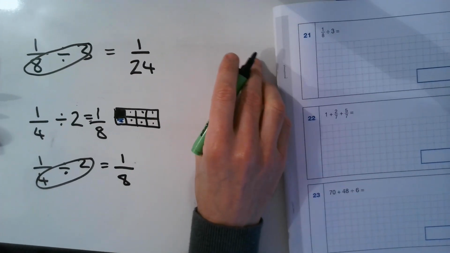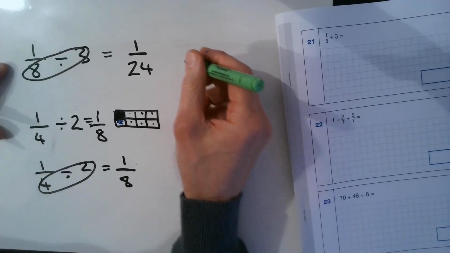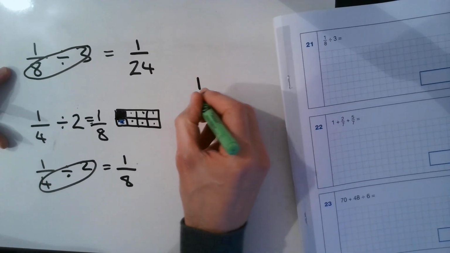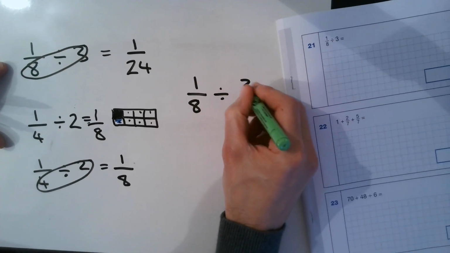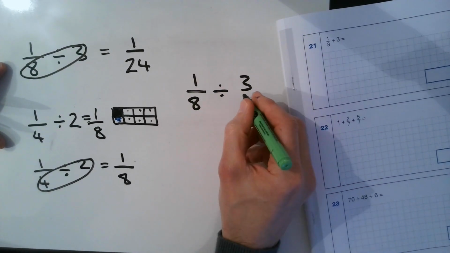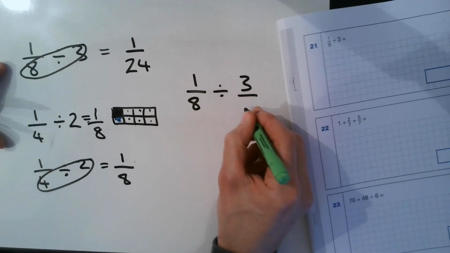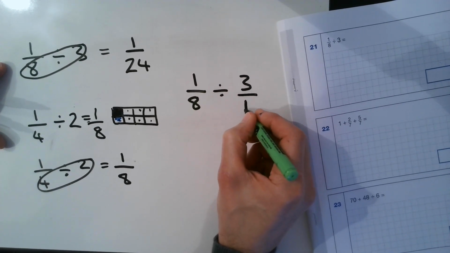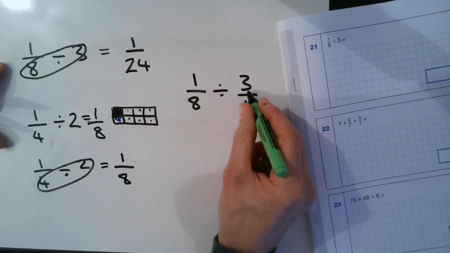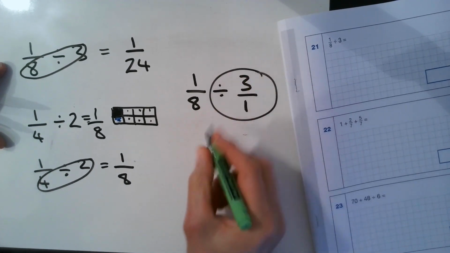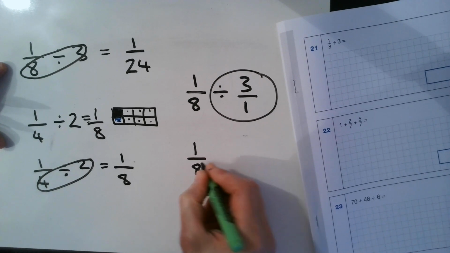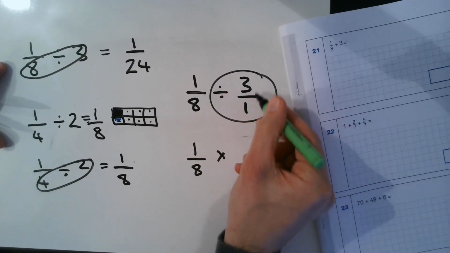Another way you can think about this, when you get to secondary school, they may well show you this way. 1/8 divided by 3, so 3 is the same as 3 over 1. A fraction is just a division calculation, so 3 divided by 1. Now, if we turn that into a multiplication, all we need to do is flip that.